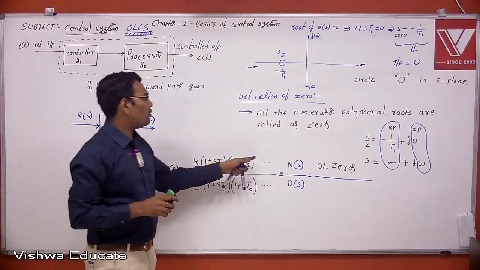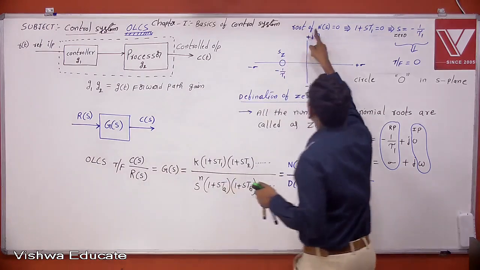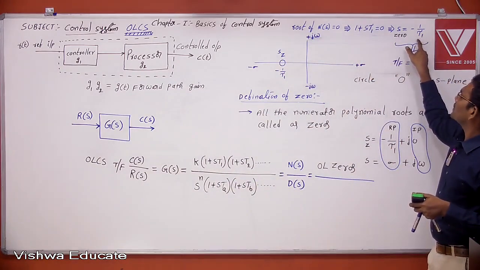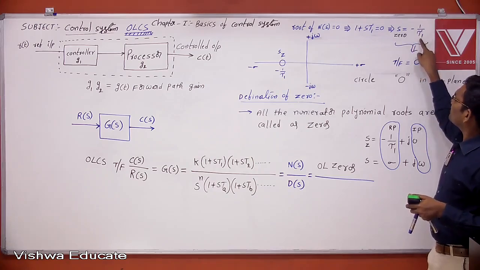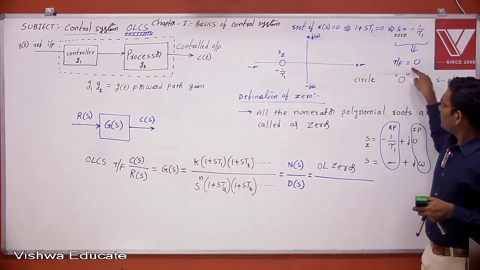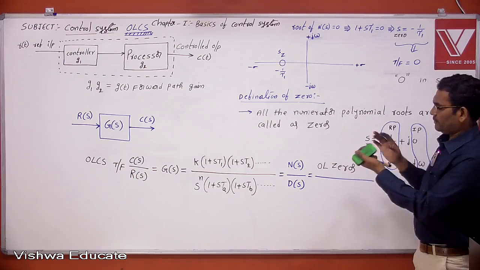A 0 is a root of the numerator polynomial, which is a function of time constant, the negative of the reciprocal of the system time constant, and which makes the transfer function 0, and it is represented by a symbol of circle in the S-plane.